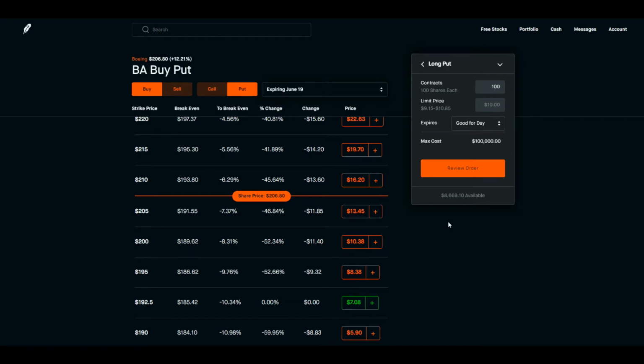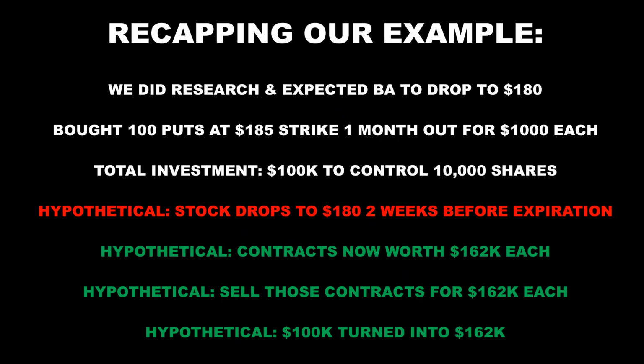Who wouldn't want that? All right, so let's recap what just happened here with our put option. We did research on Boeing and thought the price would drop from 206 to 180. We want to give ourselves some cushion, so we bought 100 put contracts at $185 strike price for a month out, which cost us about $1,000 each.